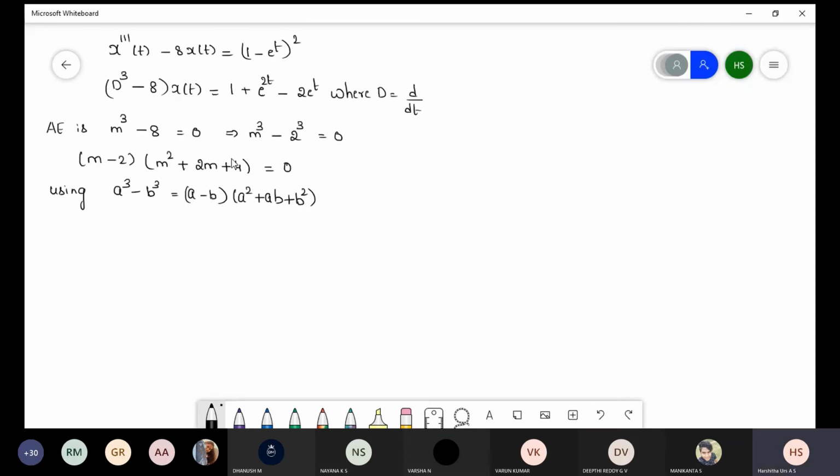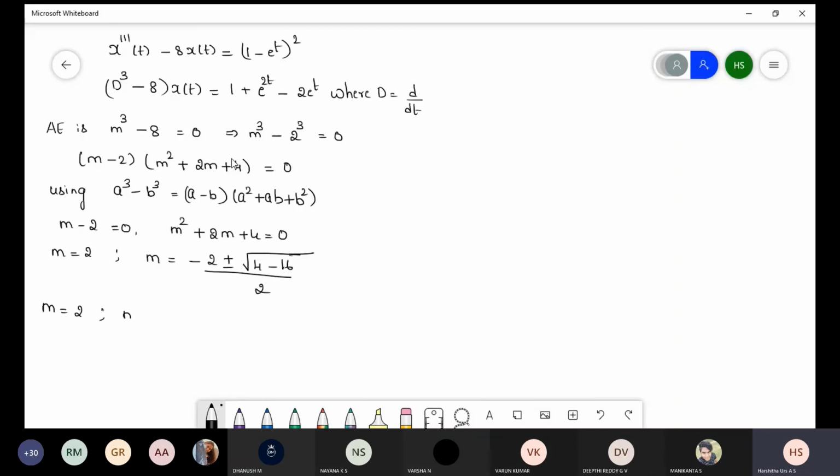Now first is m minus 2 is equal to 0. Second is m square plus 2m plus 4 is equal to 0. Here m is equal to 2. Here again we have to use a quadratic equation. m is equal to minus 2 plus or minus root of b square, 2 square means 4, minus 4 into 4, that is 16, divided by 2. m is equal to 2.